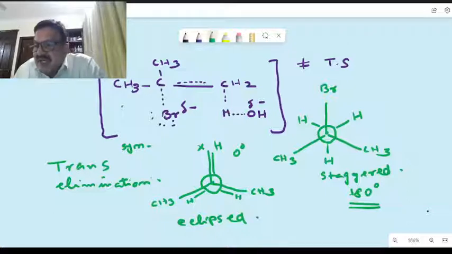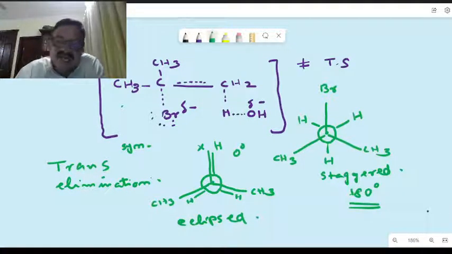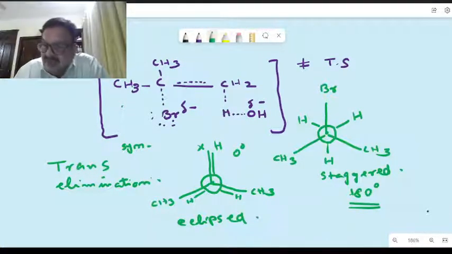That is the preferred orientation, whether the alkyl halide is a cyclic alkyl halide or an acyclic alkyl halide. The preferred orientation for any alkyl halide undergoing E2 elimination is the anti-periplanar, that is the staggered conformation here. Staggered conformation is the lower energy conformation, you know that. So what is the advantage here?